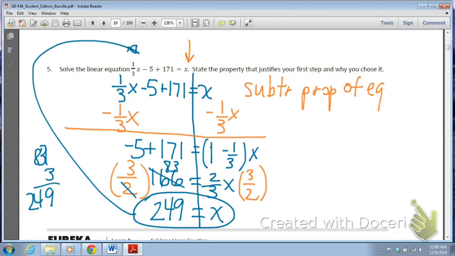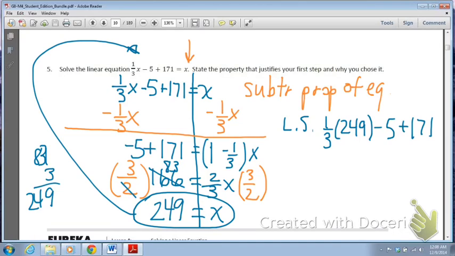And checking out the left side, I get 1/3 times 249 minus 5 plus 171.